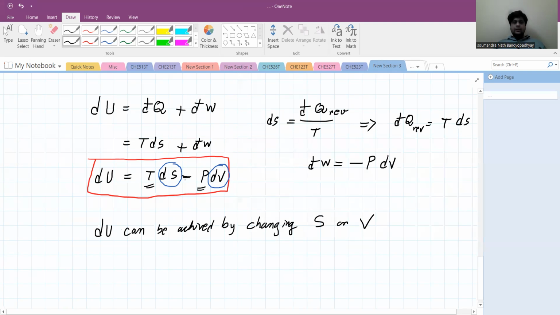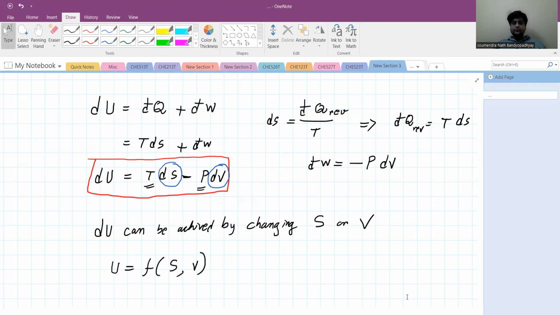The equation itself says that if you want to change the internal energy of a system, you have to change either the entropy or the volume of the system. So we can say U is a function of the natural variables, entropy and volume, right?